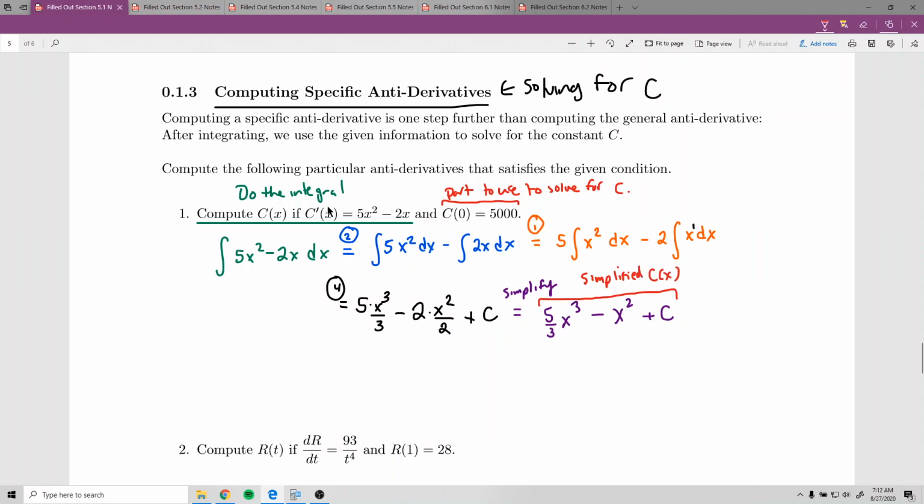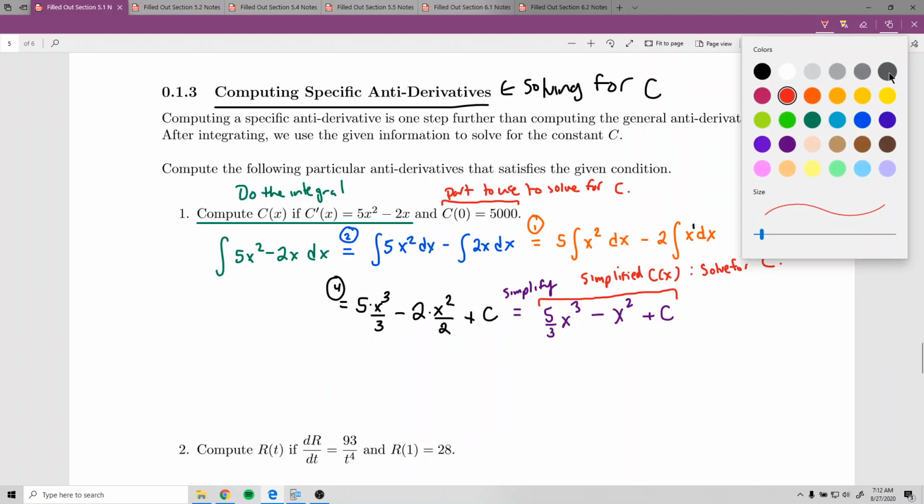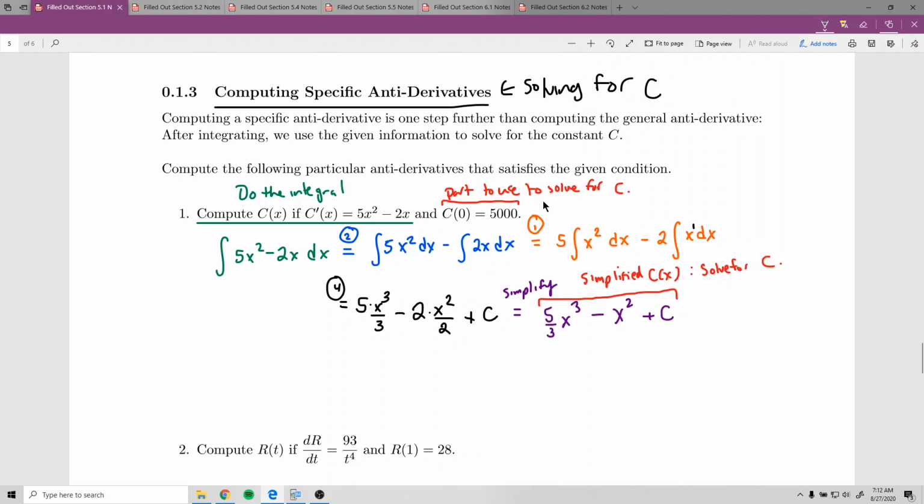We integrated to get back to the original function. Now we need to solve for C. I guess it's a little inconvenient that C of x is the name of our function and the constant, but that's why writing the of x part is so important. Now we're going to use this part to solve for C. What this is saying is we want to plug in 0 for x and set it equal to 5,000.